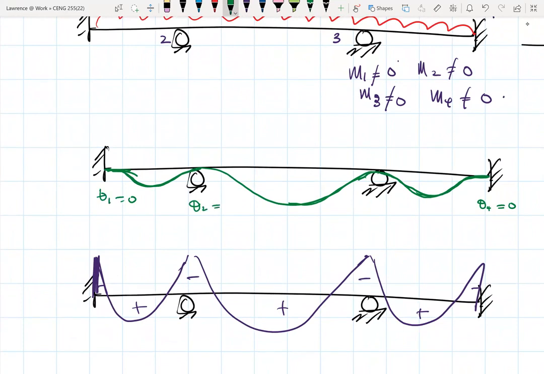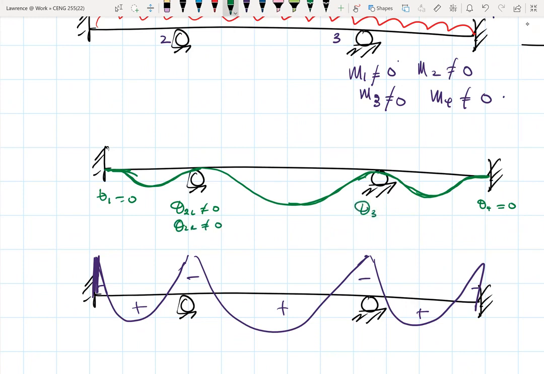But theta at 2 will not be 0. Theta at 2 on the left side will not be 0, and theta at 2 on the right side will not be 0, and the same here too.